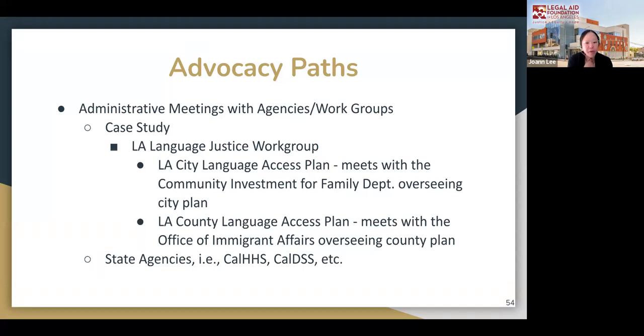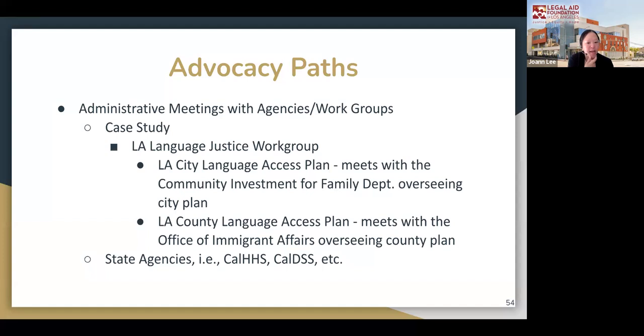We are trying to review documents, provide lists of priorities, and also be involved even in things like the budget process where we can. We're also trying to do that statewide with various departments and agencies. That can have varying degrees of success. And obviously, if this doesn't work, then we move on to a more assertive approach.